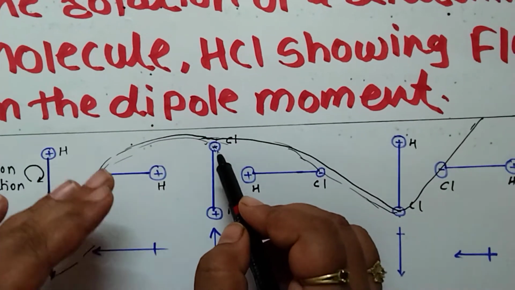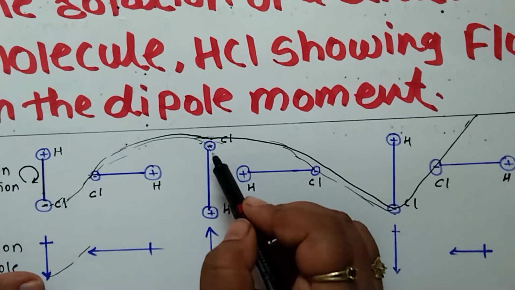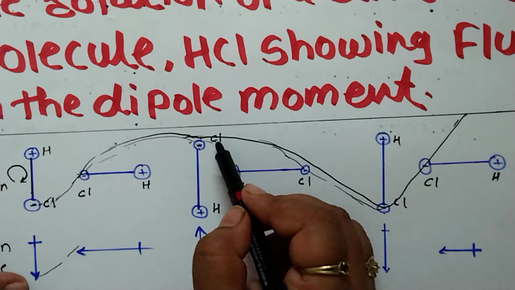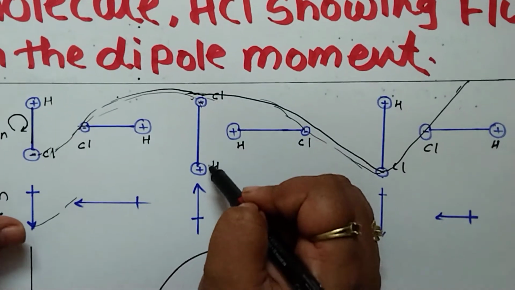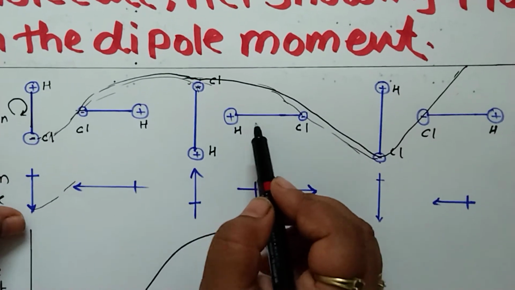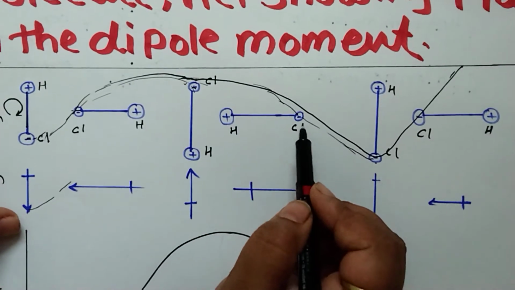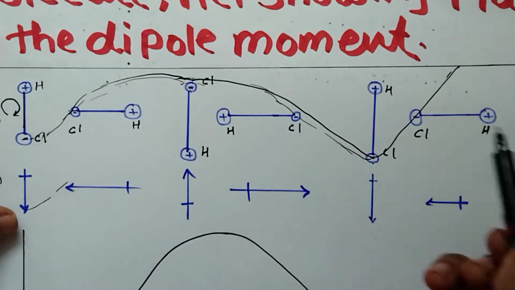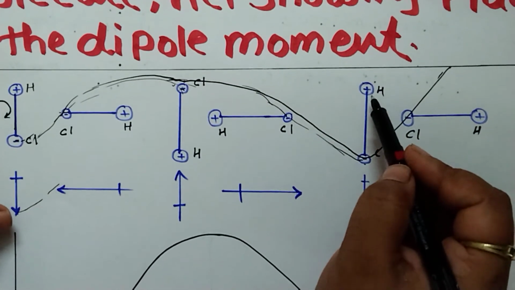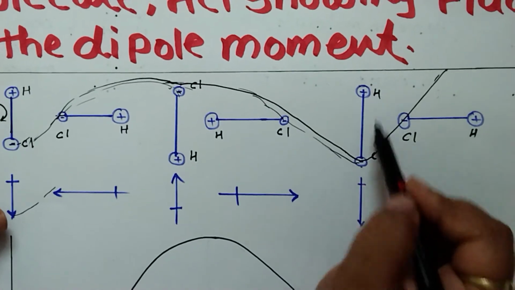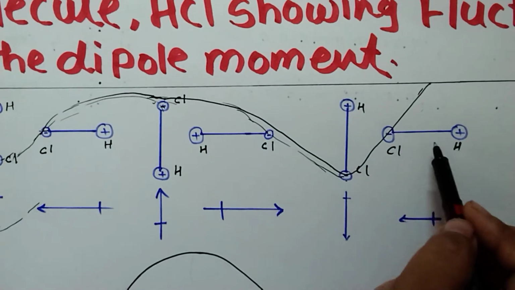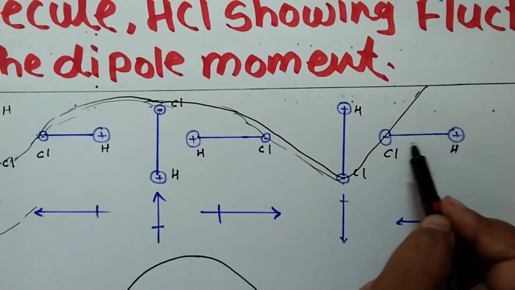Then it rotates again and the direction becomes up, then right, then downward, and then left again, always from H to Cl.